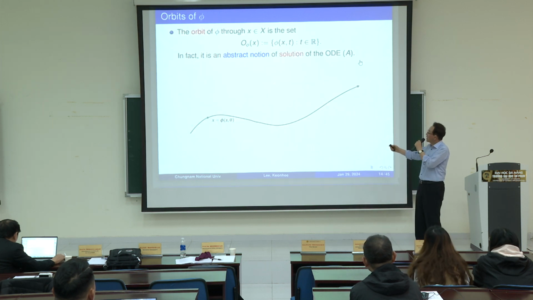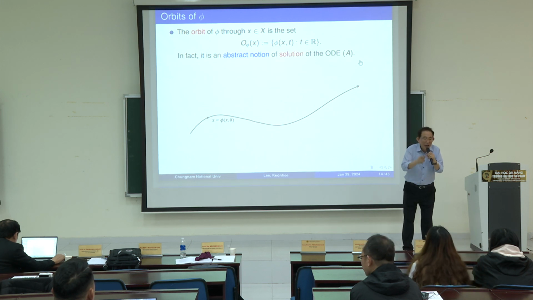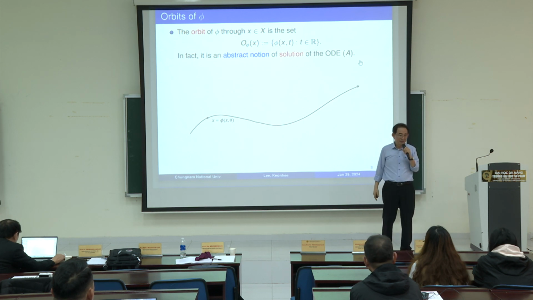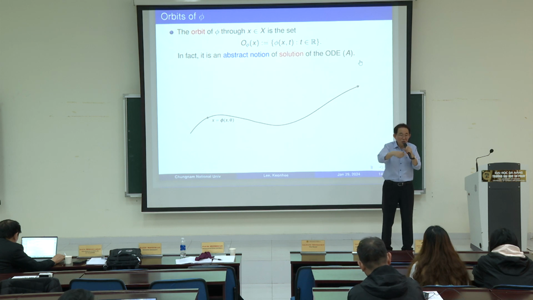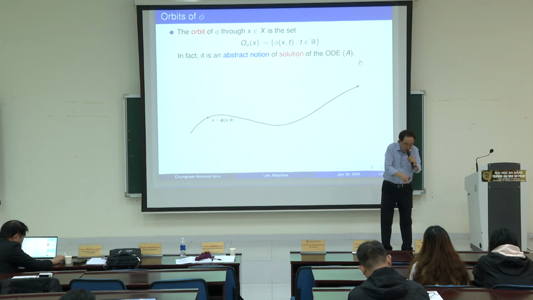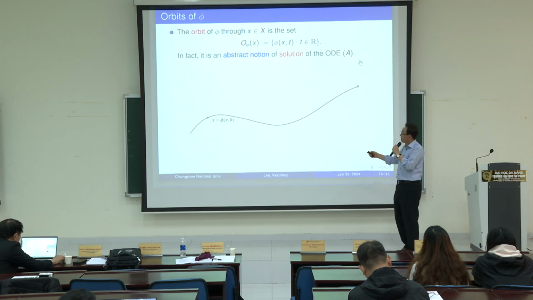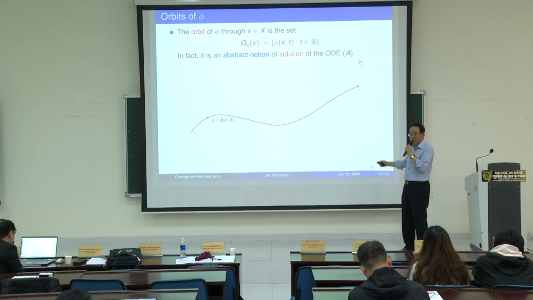Okay, good. Here, the most important concept is the orbit. What is an orbit? The abstract notion of solution. In the theory of differential equations, partial differential equations, stochastic differential equations, what is the most important? The solution. The abstract notion of solution is the orbit.